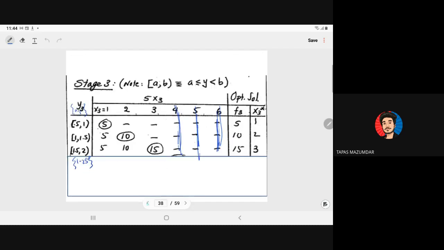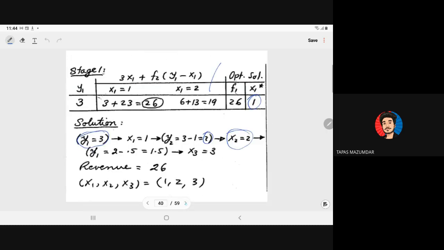So when y1 will be 1.5, you have to take the 3 items, so 3 of cloth. So total revenue or total value from the item will be 26. So that is the optimal allocation.